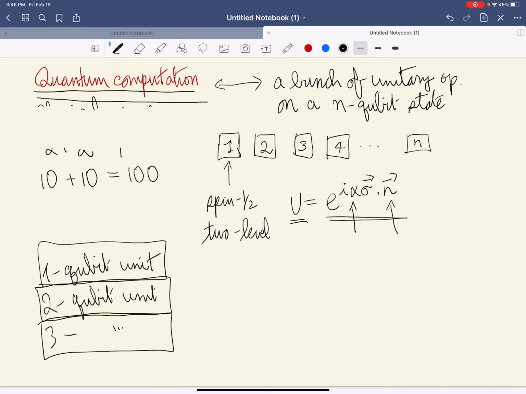So the goal is to do everything in terms of these most simple kinds of unitaries. And as I said before, if you only perform the one qubit unitary operations, you're never going to be able to entangle the different qubits.